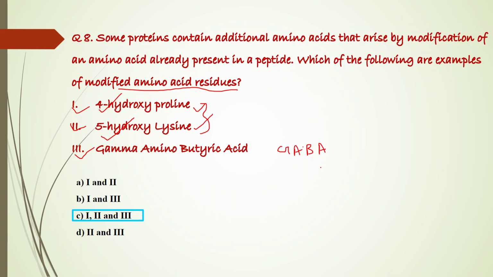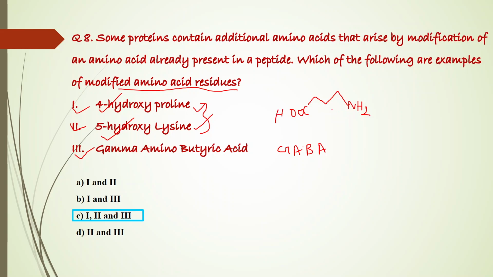So if we look at the structure of GABA, it will be 1, 2, 3. If this is NH2, my handwriting is very bad. I am not much used to writing with a mouse and I don't have a stylus pen, so sorry for that.